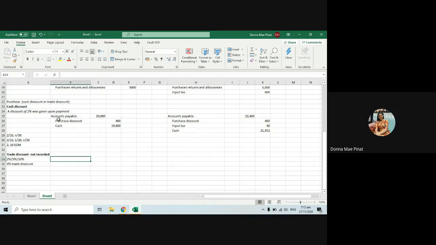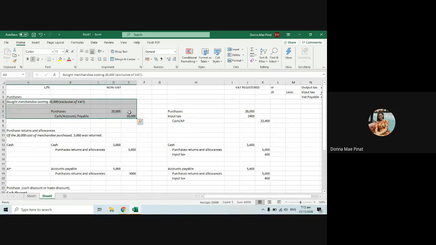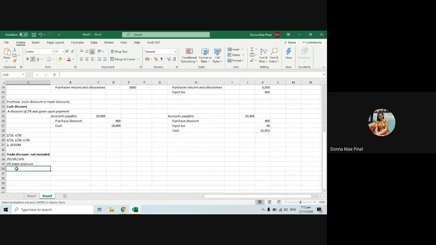So, example, kani nga transaction. Bought merchandise, with trade discount.